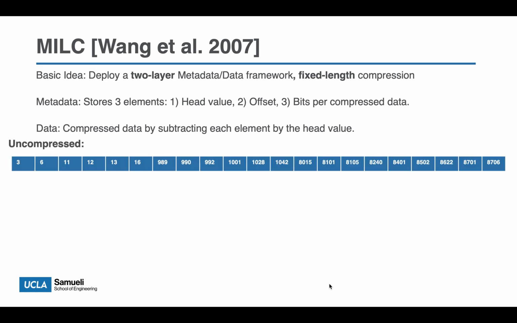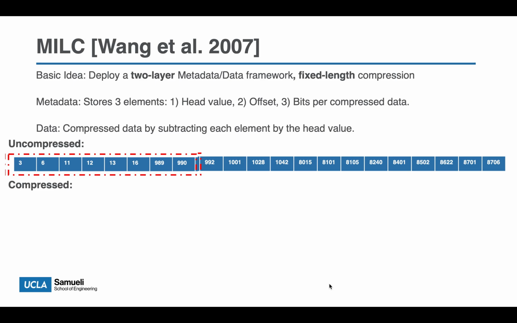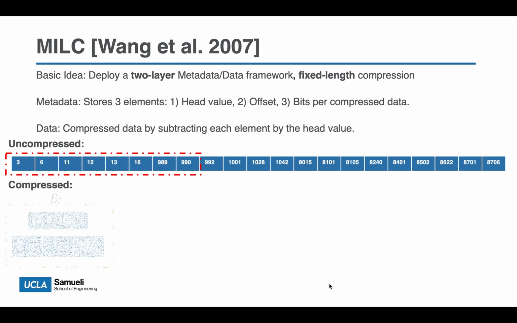Let's take this as an example. Here is a complete sequence because it's an offline compression method. Currently the compressed region is empty, and we are trying to compress the first 8 elements at once. This is what I mean by fixed length. It always tries to compress a fixed number of elements together. So these 8 elements get compressed into the first block B1.